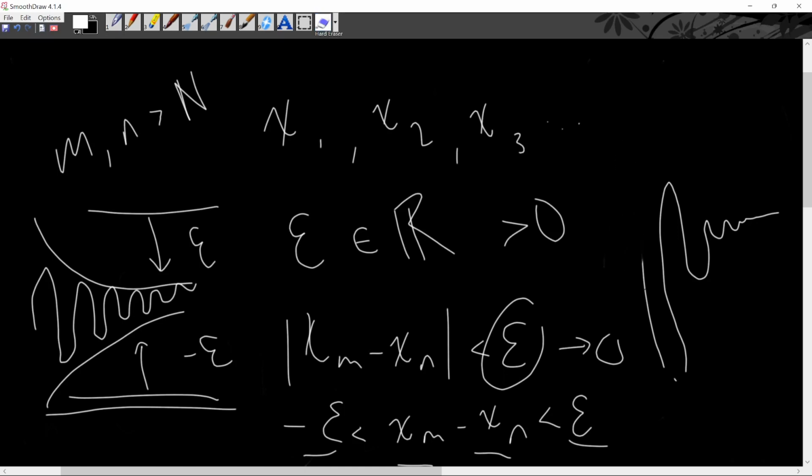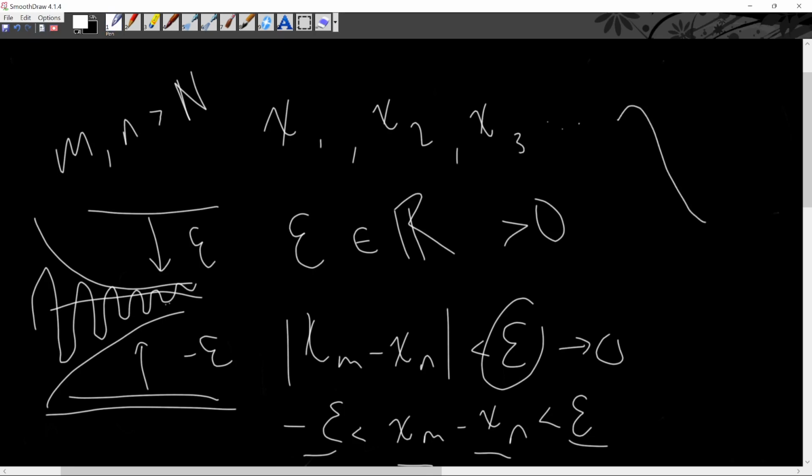But it's sort of like oscillating, you are going closer and closer to some predetermined value x. So let's try and draw this slightly better.